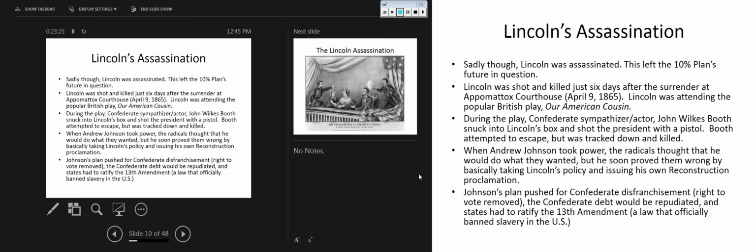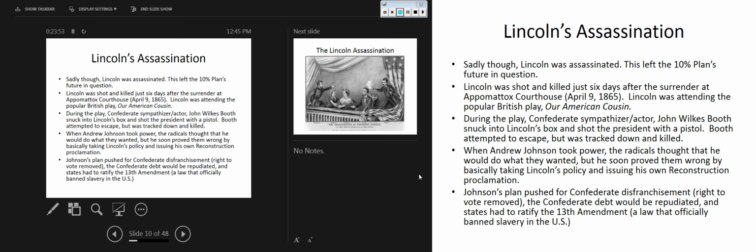He decides to put this plot together. He'll assassinate Lincoln, and his followers will assassinate Secretary of State William Seward, Vice President Andrew Johnson, and General Ulysses S. Grant. Well, Grant doesn't attend the play. Seward's assassin stabs him but doesn't kill him, and Johnson's assassin doesn't follow through, but Booth most certainly does.